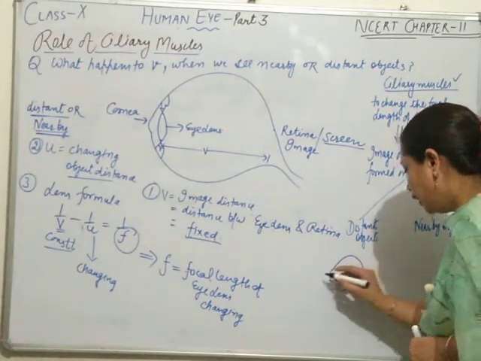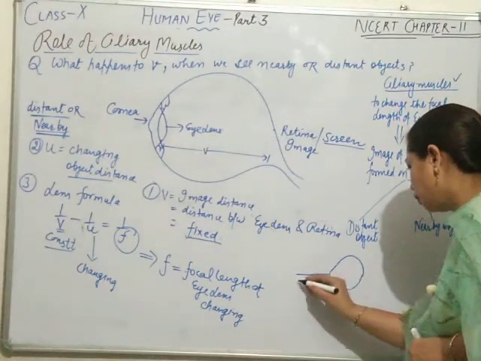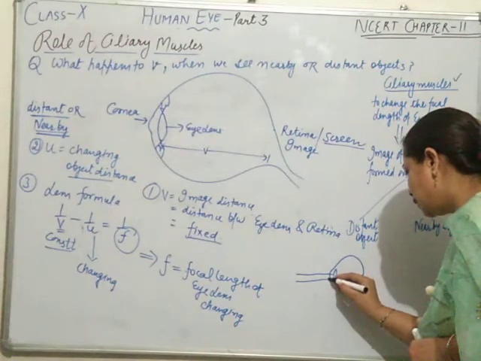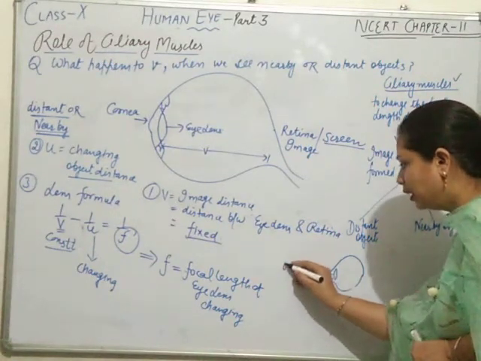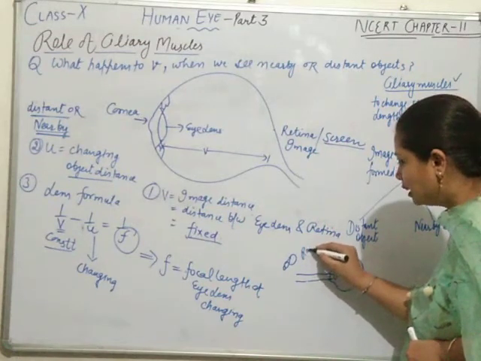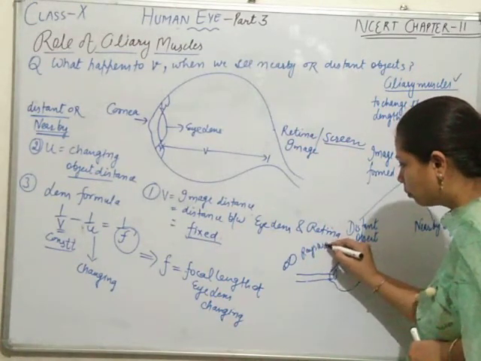Parallel to each other means there is no diverging nature. Rays from a distant object, distant meaning just like at infinity, are parallel.